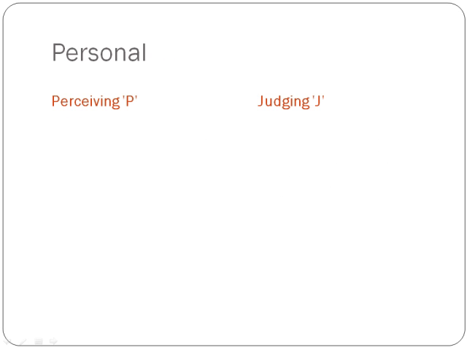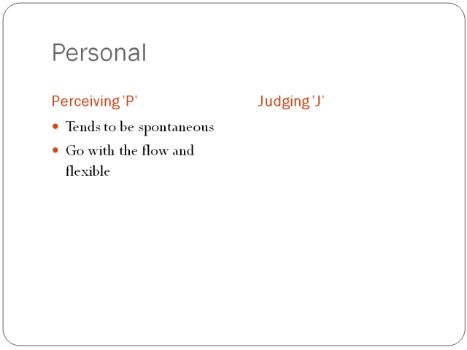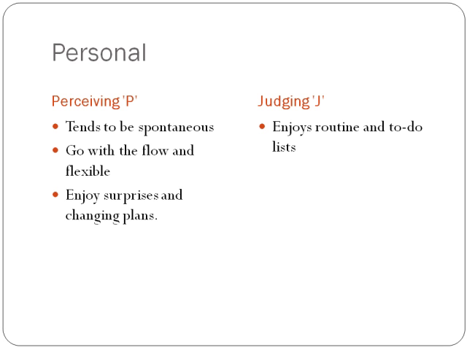And then you got perceiving P and judging J. P tends to be spontaneous, go with the flow and flexible, enjoys surprises and changing plans. J enjoys routines, to-do lists, scheduled, organized, and structured. Now, you could be either or.